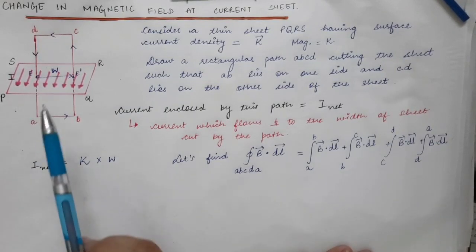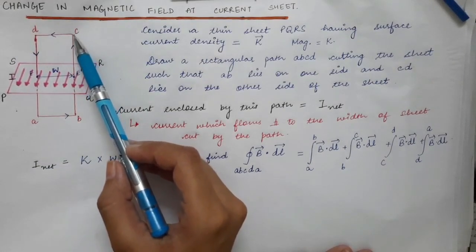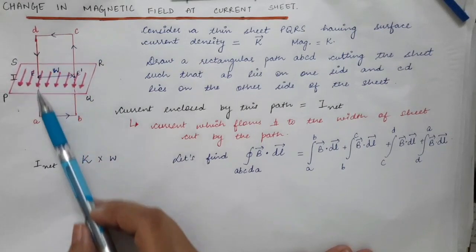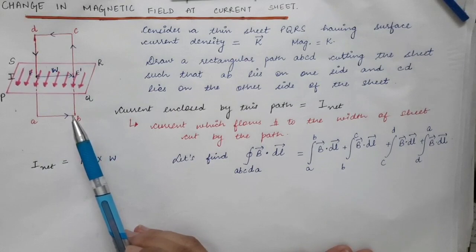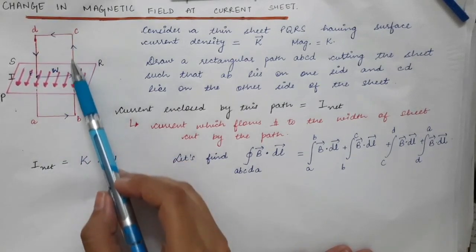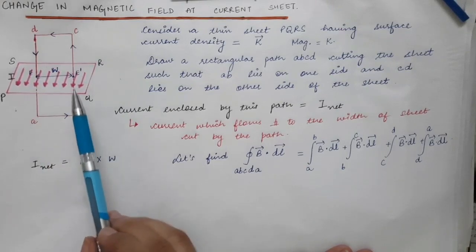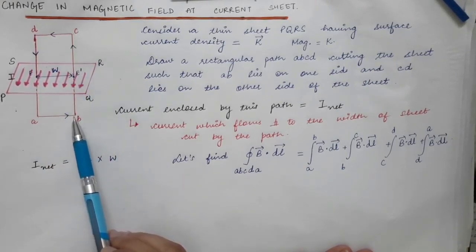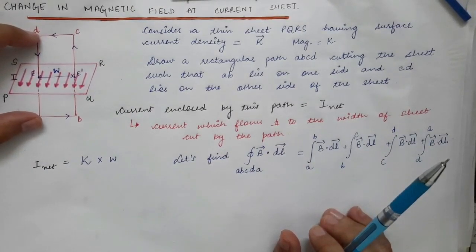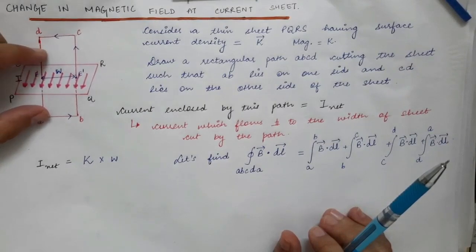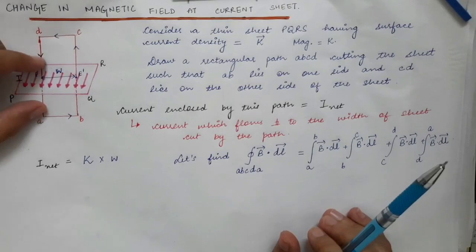So we have divided this closed line integral into 4 open line integrals. Now in this case we will consider that the lengths BC and DA are very small. In the diagram these are large enough, as you can see, but we consider that this rectangular loop which we have imagined is very close to the sheet.